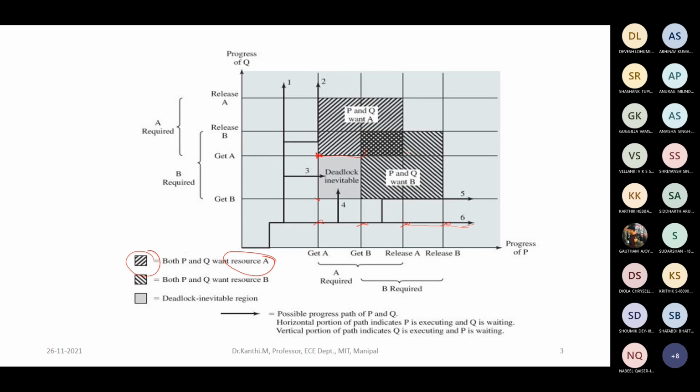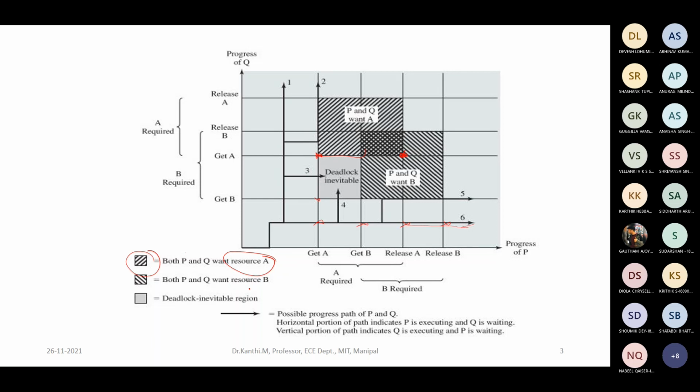So P can release only at this particular instant. If A is acquired by P and Q wants A, it will be released only at this particular instant by P. So that is the situation wherein both P and Q want resource A.